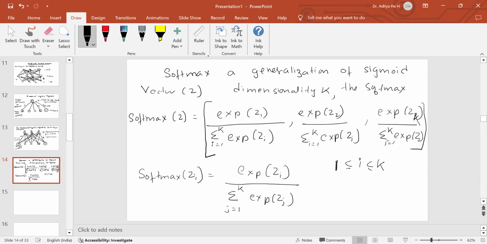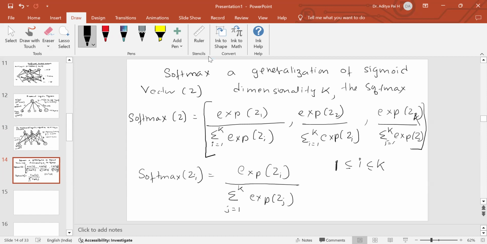That many times it is repeated, so for 1 till k this exponential of j has been written.